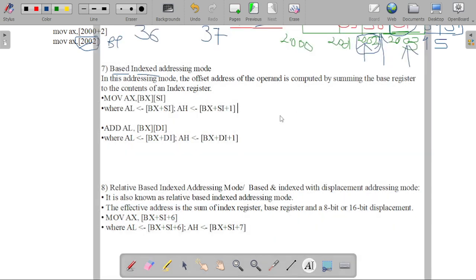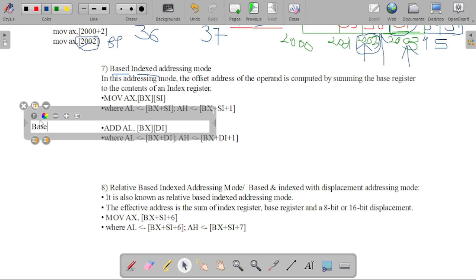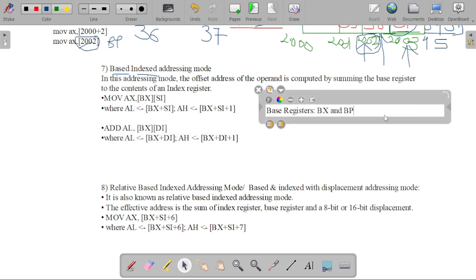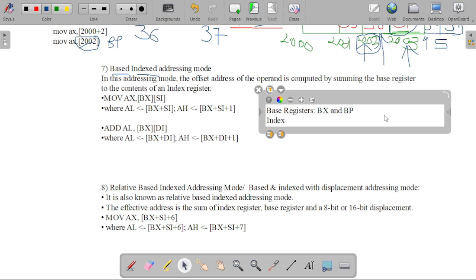Our base registers are BX and BP. So these are the two base registers available, and our index registers are SI and DI.